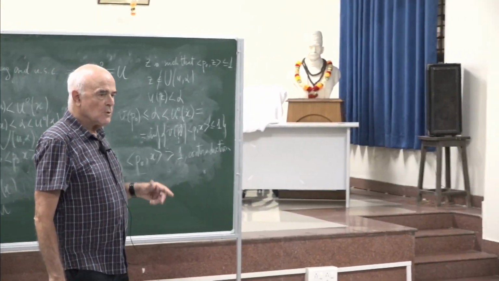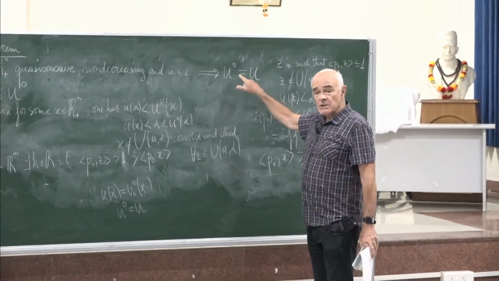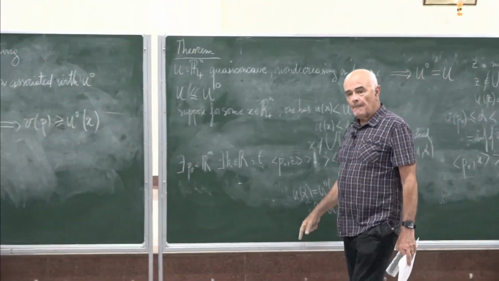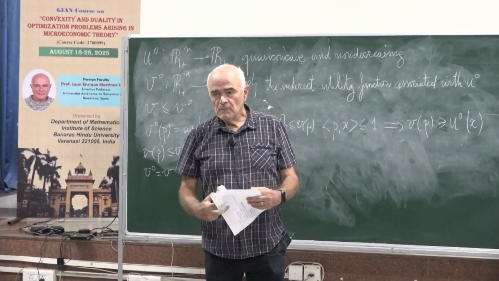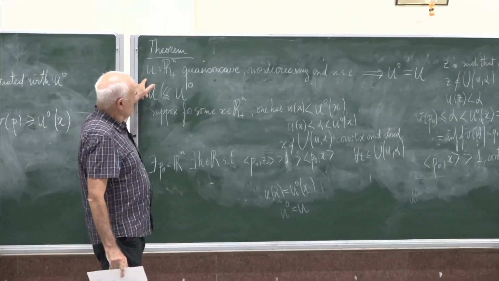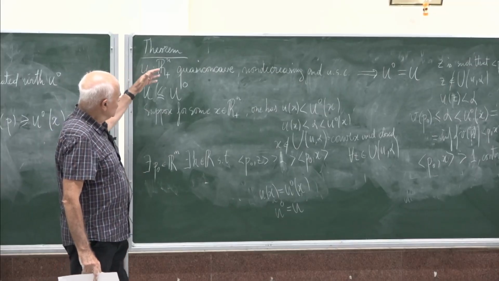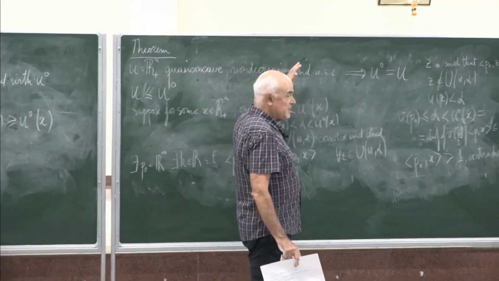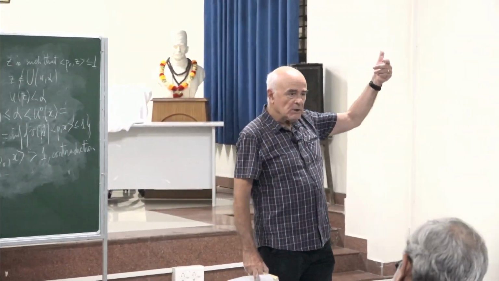So this means if your function is good, quasi-concave and upper semi-continuous, I can deduce it from your indirect utility function by my formula. As a conclusion, if you have two quasi-concave, non-decreasing, and upper semi-continuous utility functions that produce the same indirect utility function, they are the same.